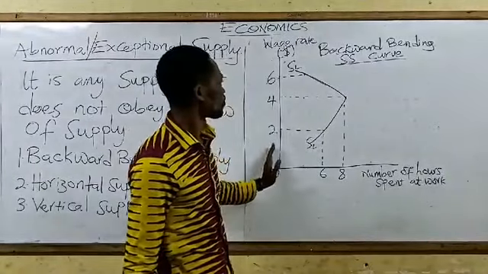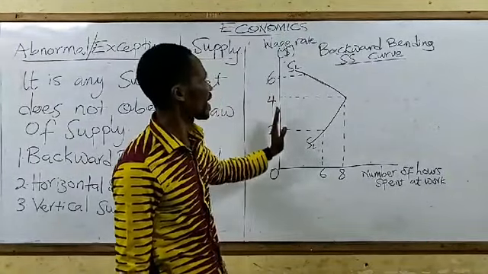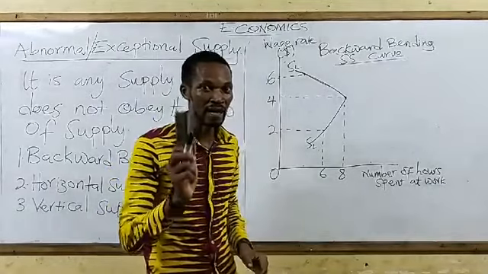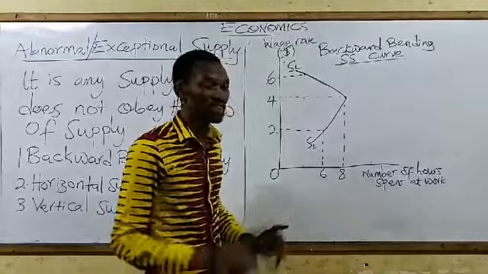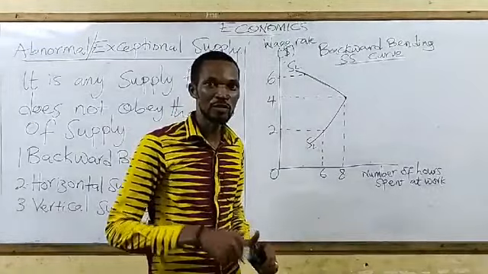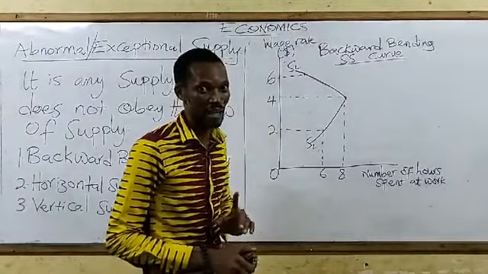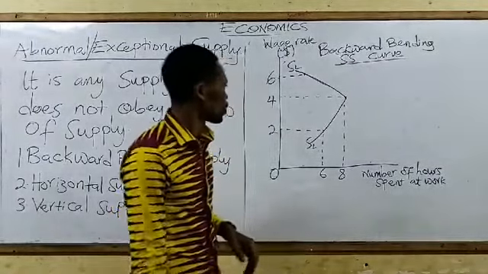Then on the vertical axis or the y-axis, we are looking at the amount paid per hour, the amount given to the worker every 1 hour. That is what you have here, in dollars. Good.